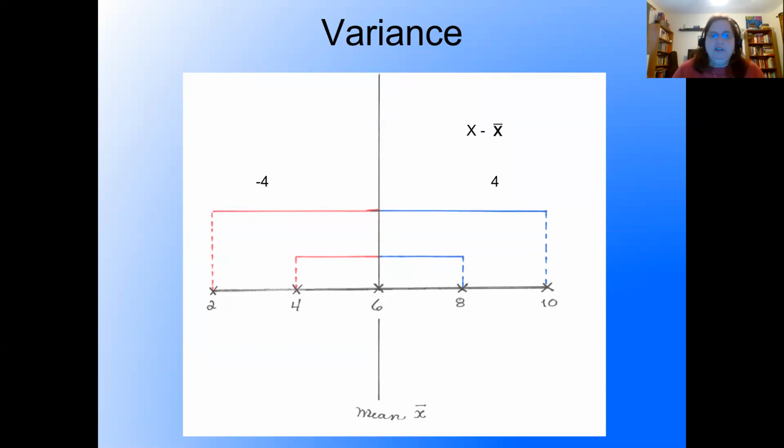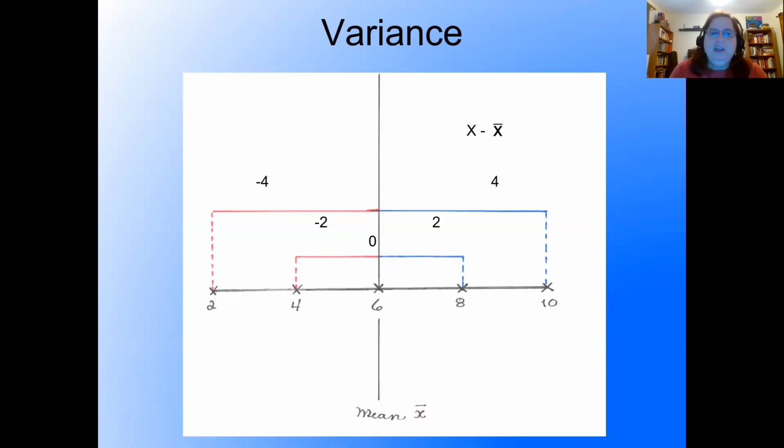Now let's do the same thing with the next set of numbers. 8 minus 6, 2. 4 minus 6, negative 2. And let's not forget, 6 minus 6, our central number here, is 0. So we want to basically have the average in some way of 4, negative 4, 2, negative 2, and 0.